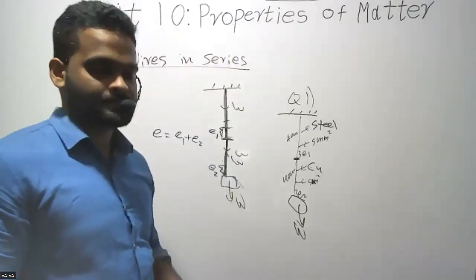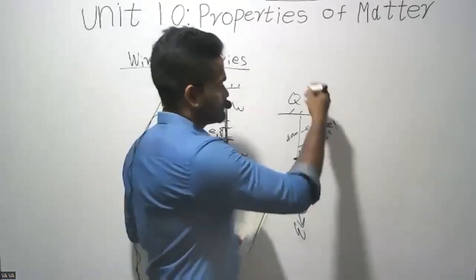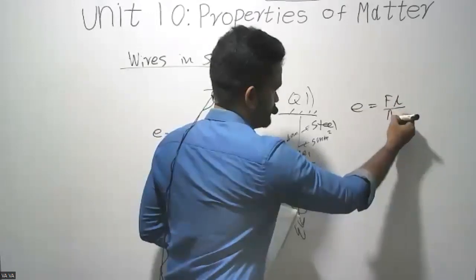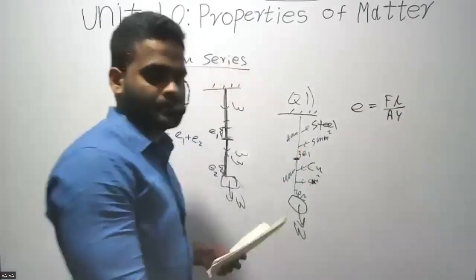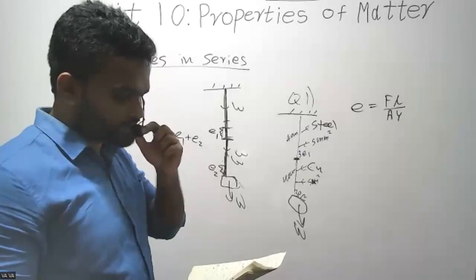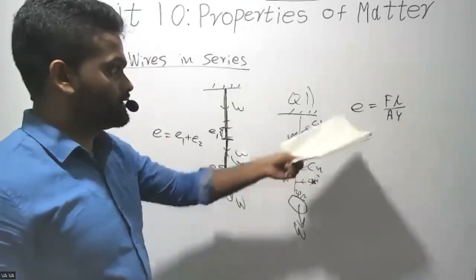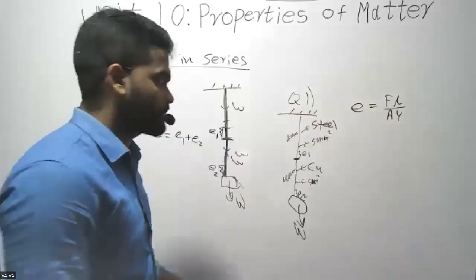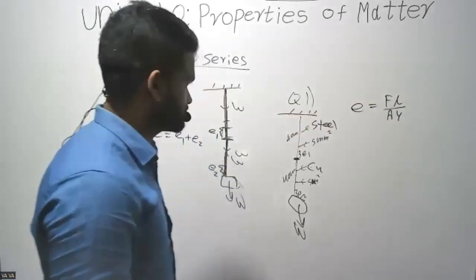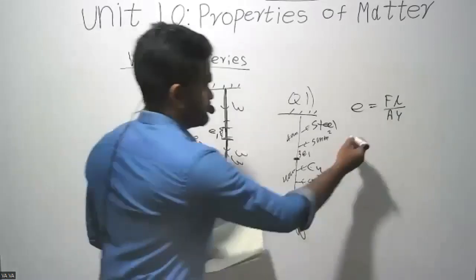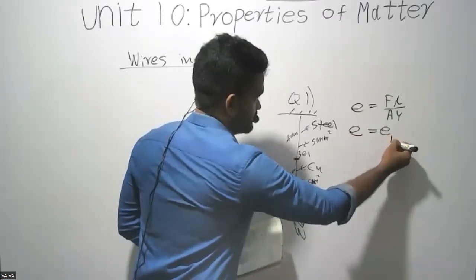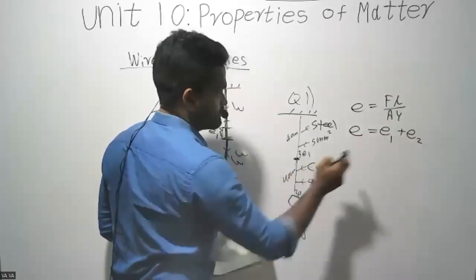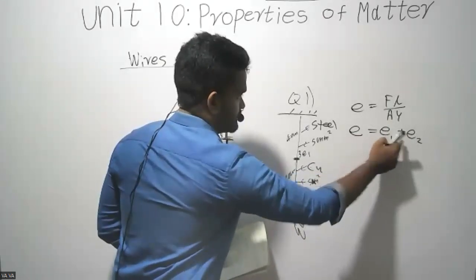Okay. From that equation we can get this one, FL over AY. You can derive that equation, then apply it to each wire. Another equation is that the total extension is equal to the sum of the extensions of each wire, E1 plus E2.